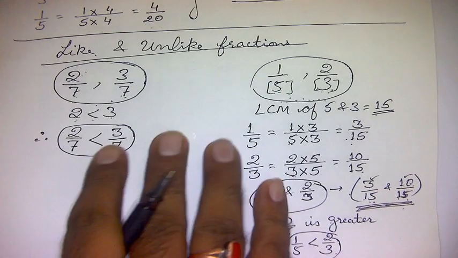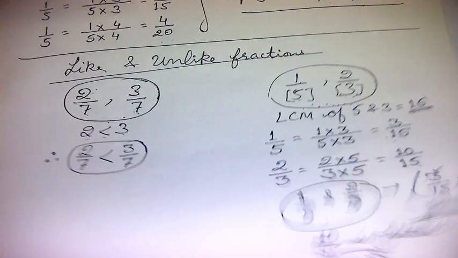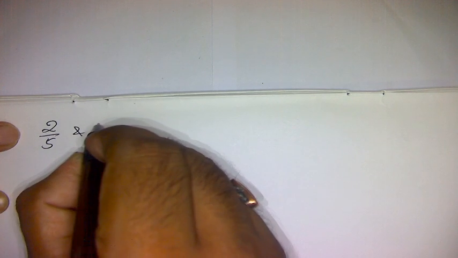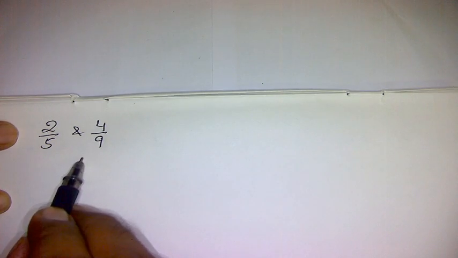Now let us have more examples. There is another way also to compare fractions, that also I'll tell you. Suppose you are given two fractions, I am talking about only two fractions given. Say it is 2 upon 5 and 4 upon 9. Now you have to tell which is greater, which is smaller.